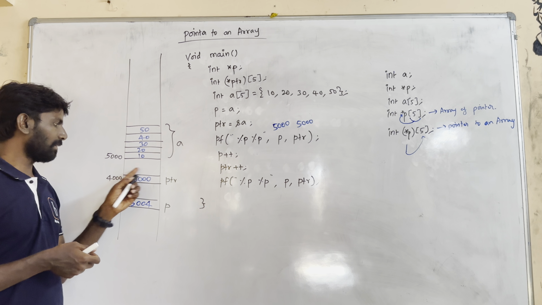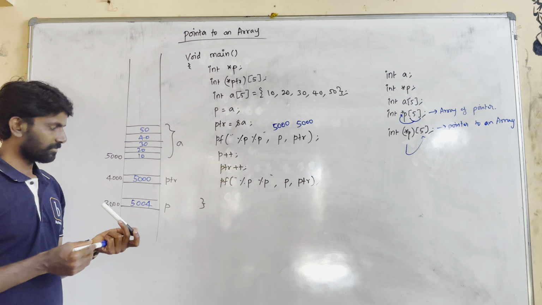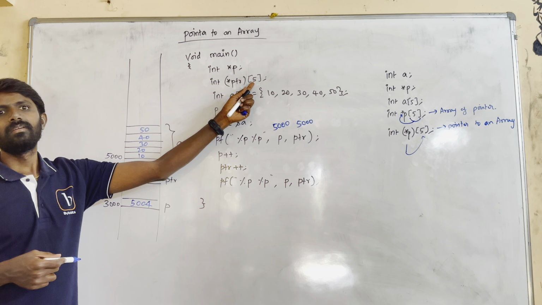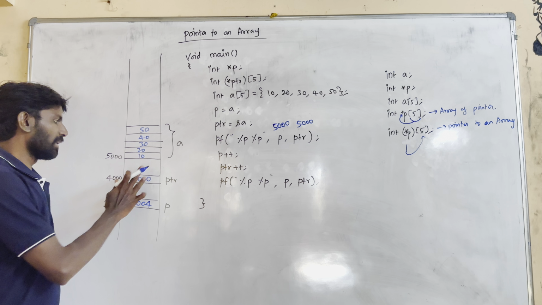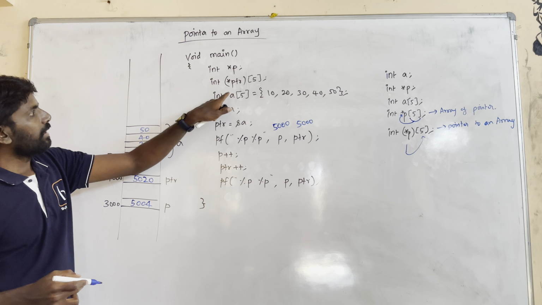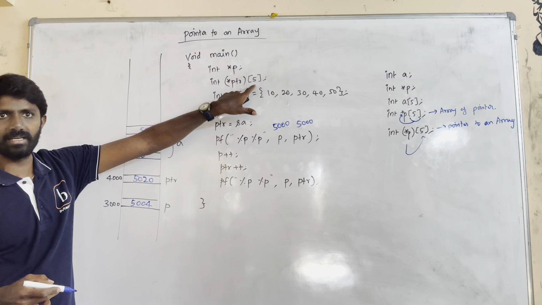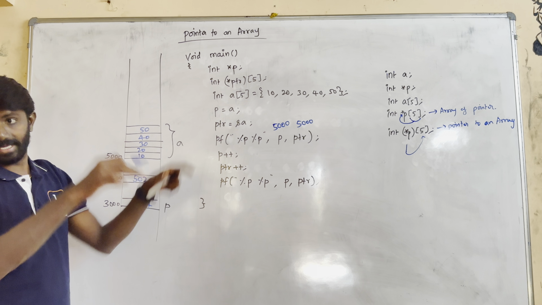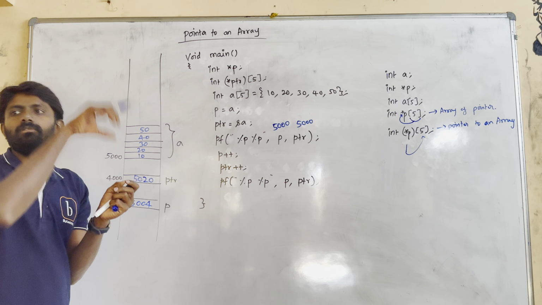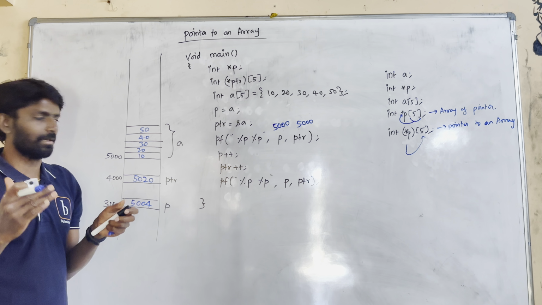Now you tell me, what will be the change? 5020. It will become 5020, because this PTR is a pointer to an array. The array size is 5, so it is jumping from this array to the next array, from these 5 integer elements to the next 5 integer elements.